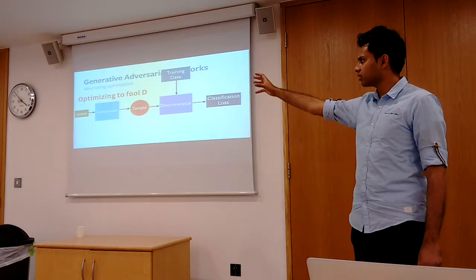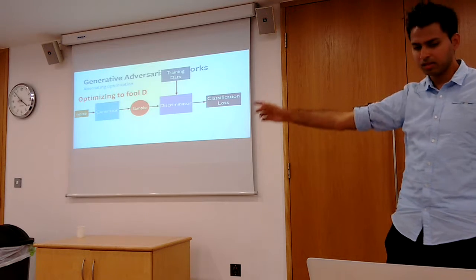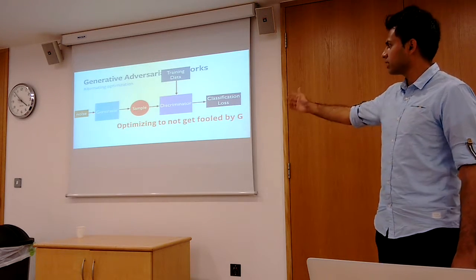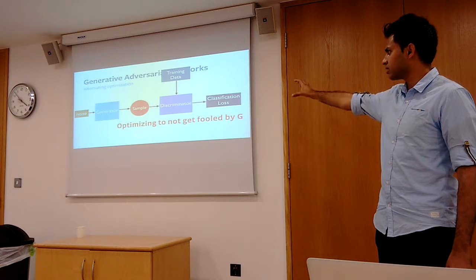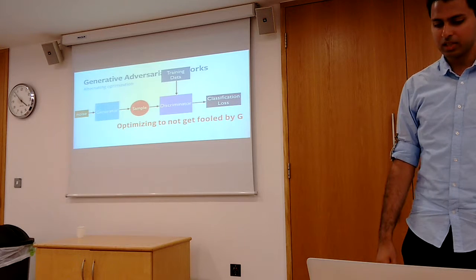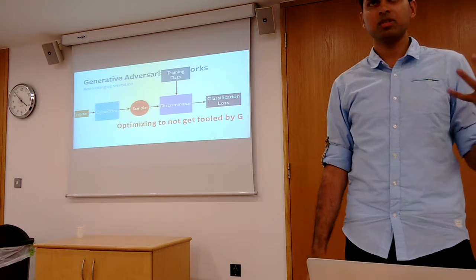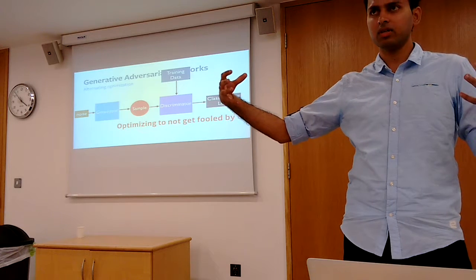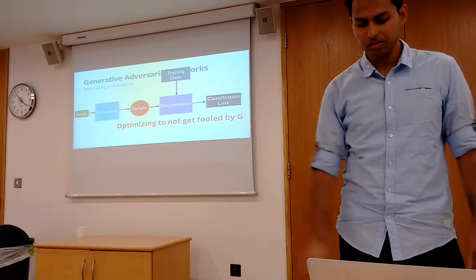And you just have a standard classification loss, and that's how the generator is trained. And when the discriminator is trained, it is doing the exact opposite. It's doing the standard classification loss, where it wants to classify accurately that the generated images are fake images, and real images that you give from your training set are the real images.